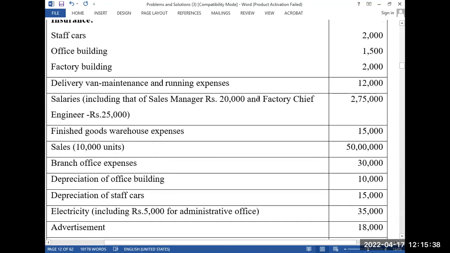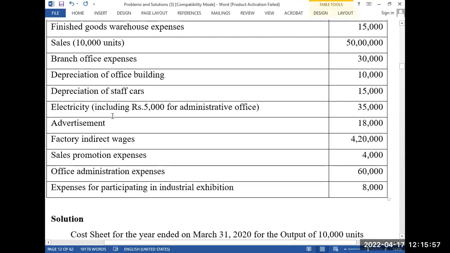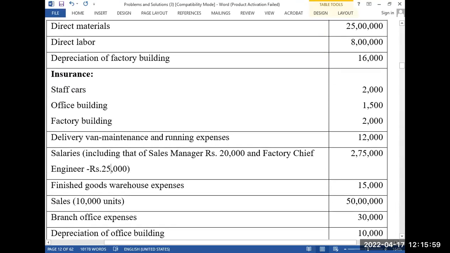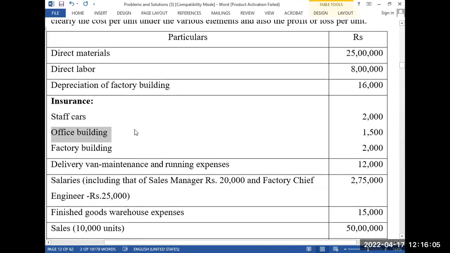Salary. Yeah, salary is there, no? 20 plus 25 is equal to 45. Remaining all is office. Total salary is 2,75,000. 20 is going to sales manager, 25 is going to chief engineer. Remaining all office. That's all. Insurance of staff car, which staff we don't know, so office staff. Office building, you have to take.